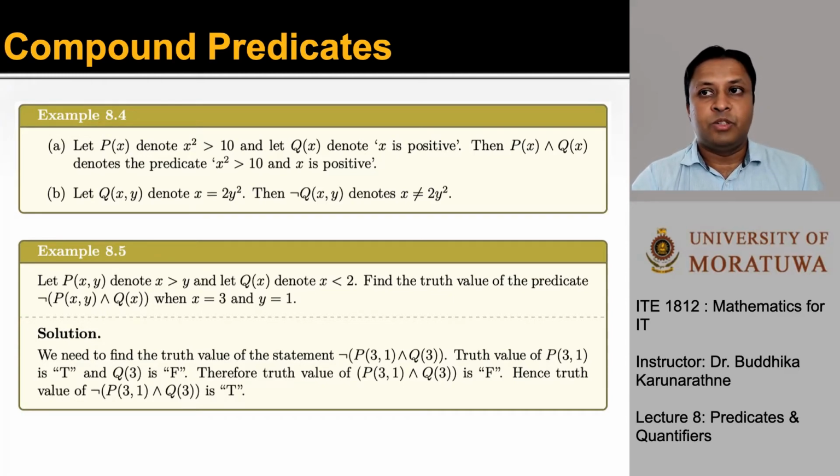Therefore, the truth value of P(3,1) conjunction Q(3) is also false, because true and false becomes false in the conjunction operation. Hence, the truth value of negation of P(3,1) conjunction Q(3) is T. It becomes T because the original truth value was false.